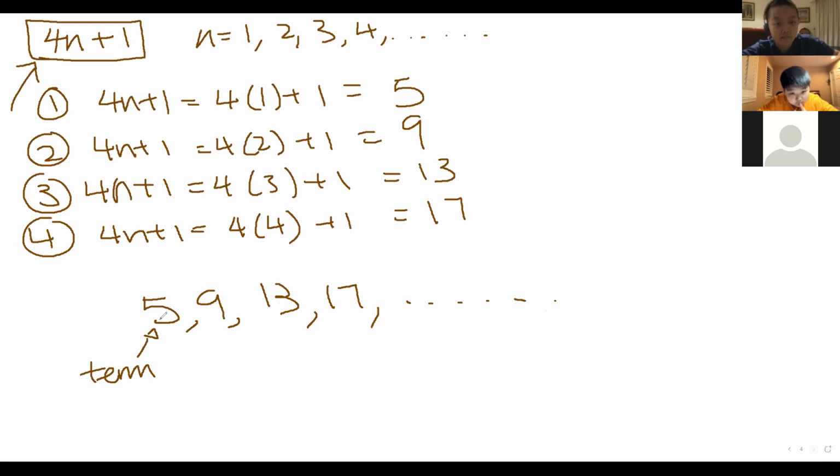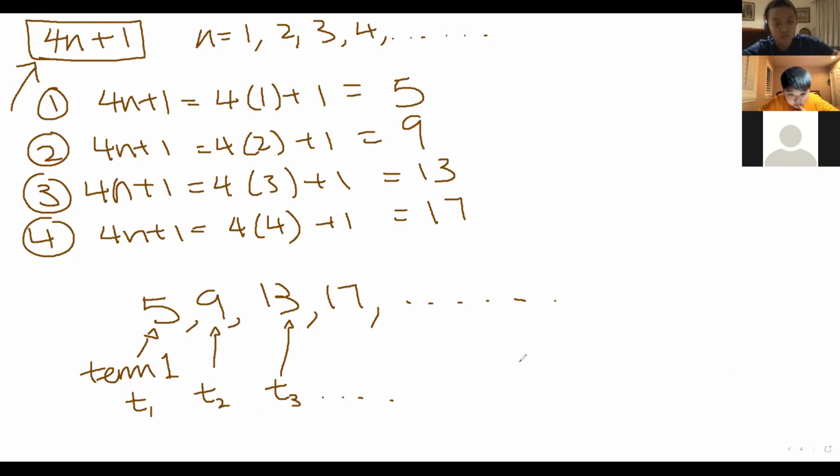The first term is term 1, also designated by t with a little 1. The second number is term 2, which is t2. This is term 3, which is t3, and so on and so forth. This is just how we represent numbers, right? So in this sequence, this would be t1, t2, t3, t4, and so on.